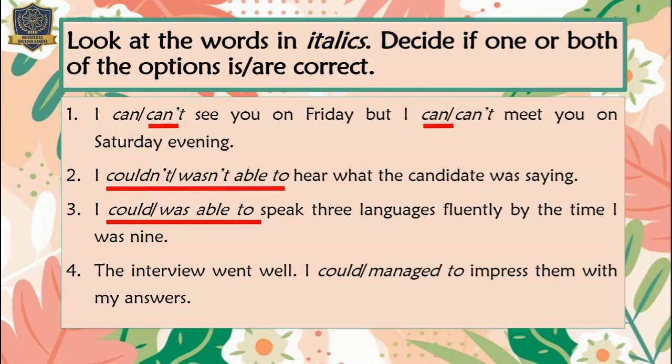I could or was able to speak 3 languages fluently by the time I was 9. Number 4. The interview went well. I managed to impress them with my answers. Okay. Next.